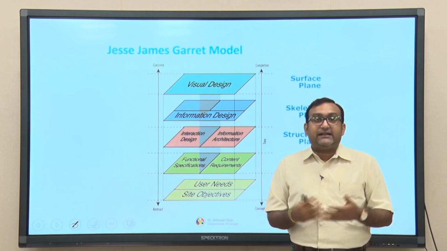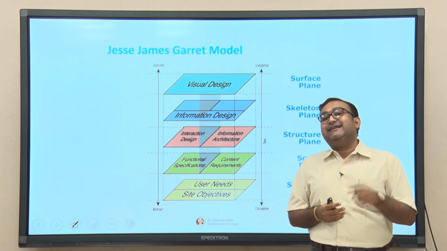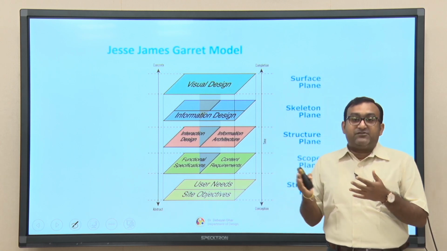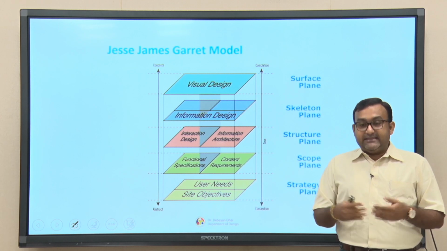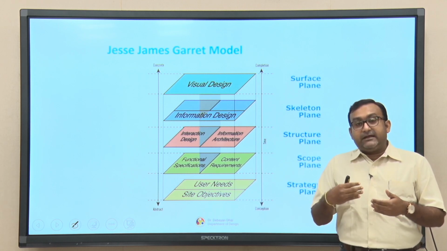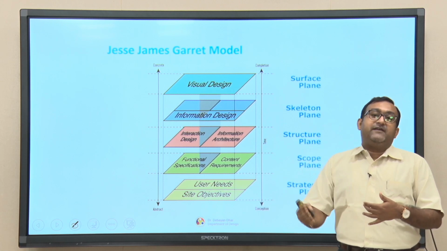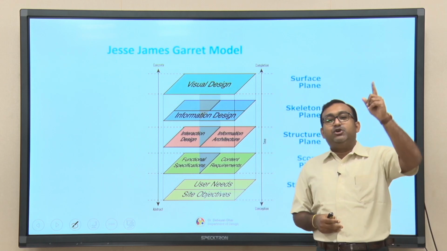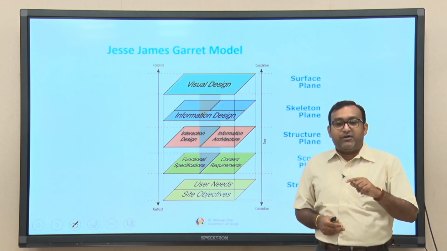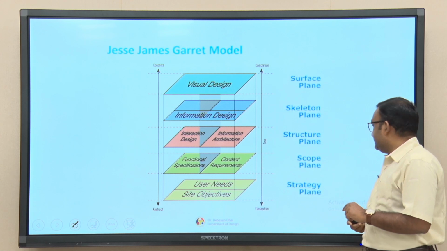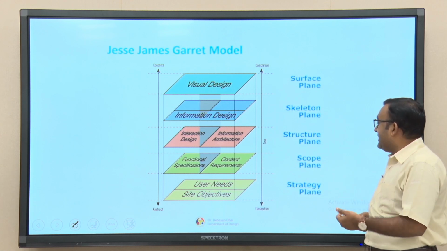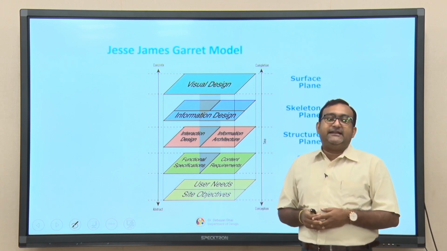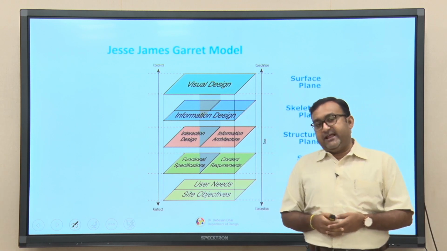And in our next lecture, we will discuss this in detail. Garrett has provided this model that gives us a glimpse of how a software product is structured. It moves from being abstract to concrete, and from the phase of being a concept to completion. We will discuss all this in detail in our next lecture.